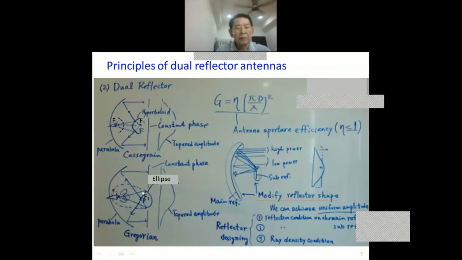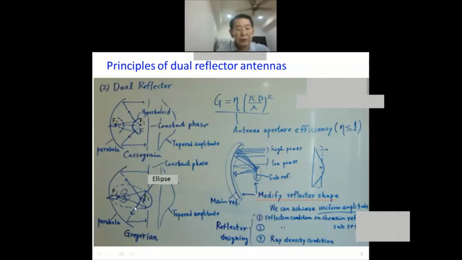So all the reflections pass through this other focus. If this focus is the focus of the parabola, then it is the same as a parabola radiating from here.